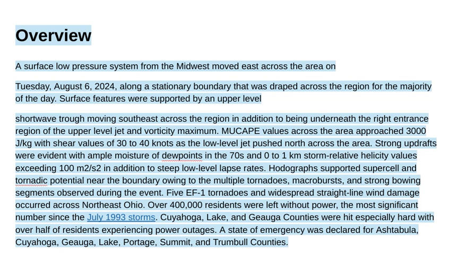All these features from the shortwave trough moving south across the area did cause some most unstable CAPE, convective available potential energy. The most unstable values across the area approached 3,000 joules per kilogram, with shear values, winds that change direction with height, at 30 to 40 knots.